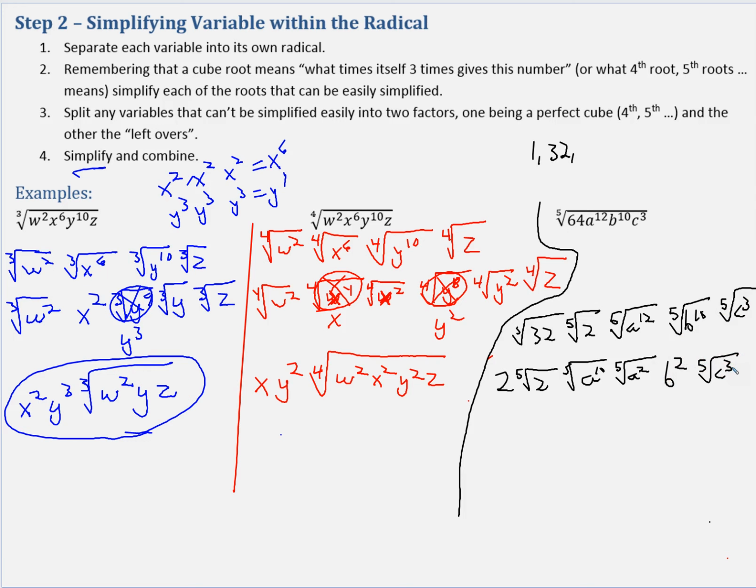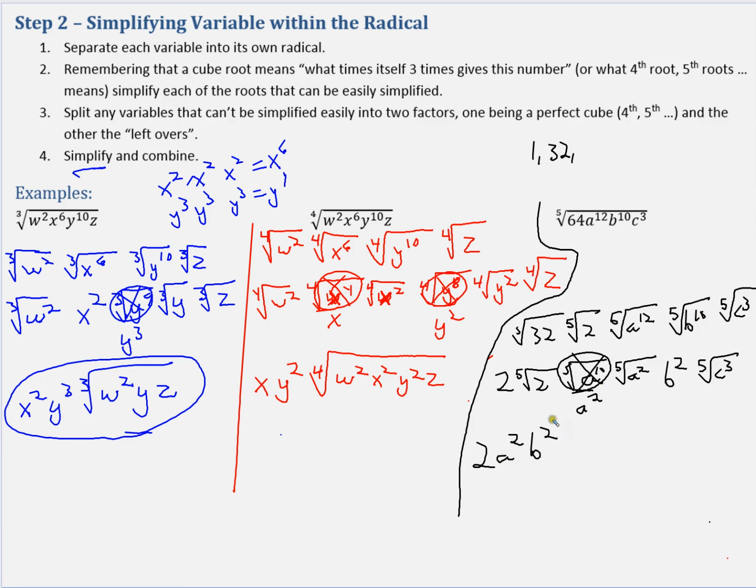And then we want to do some simplifying if possible. This one here can simplify, a lot like this over here. What times itself 5 times gives a to the 10th? Well, that's a squared. And now we'll combine. We'll put the things that aren't under a radical out here. So we got 2a squared b squared.